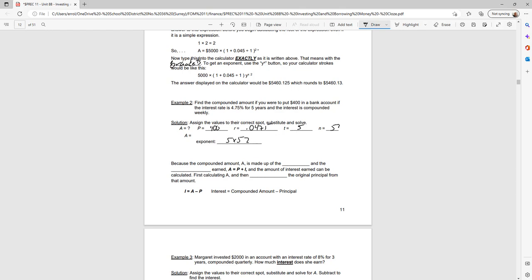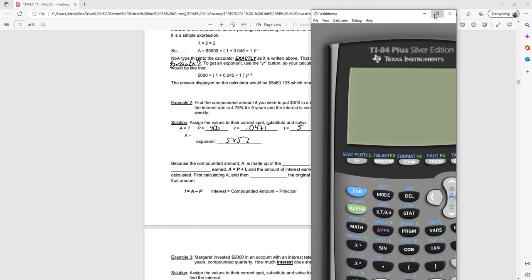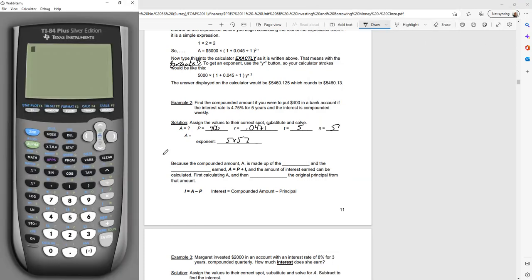Now I'm going to take my calculator out, and you should see this here. Now I have this heavy duty calculator, but the way it works is this. It's going to be 400, that's my principal, times bracket 1 plus my rate. I'm going to open the bracket again. My rate is 0.0475 divided by 52.